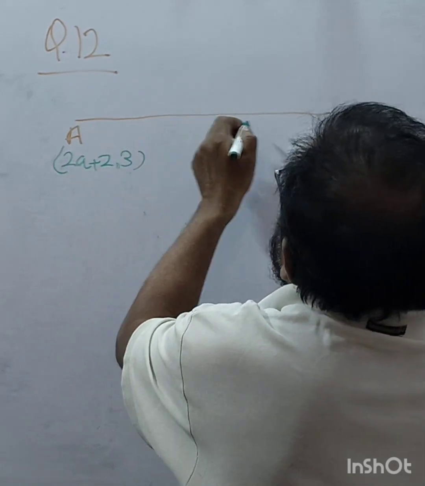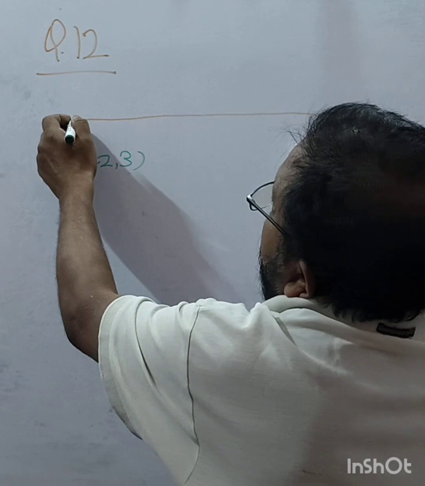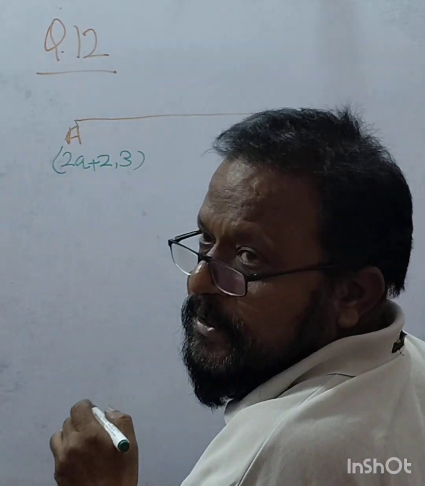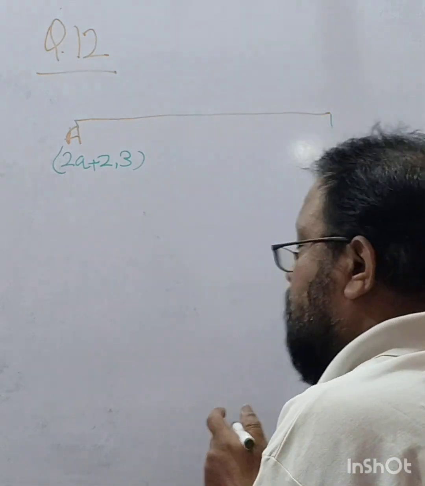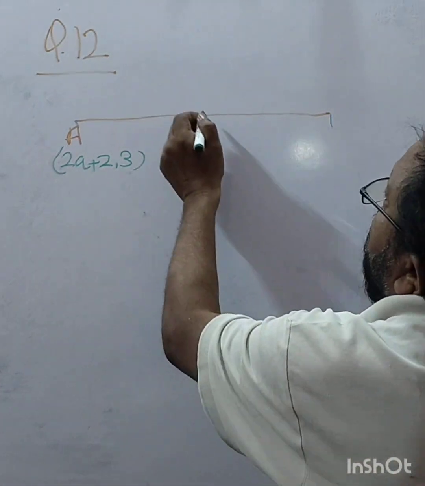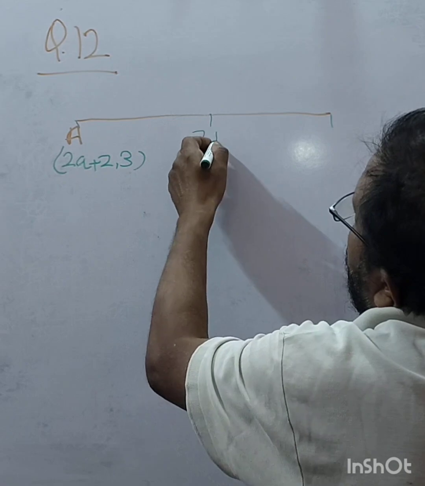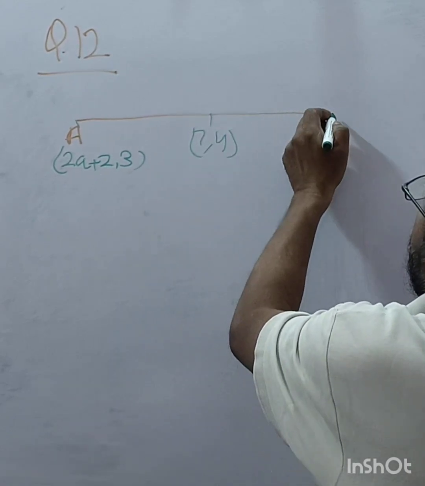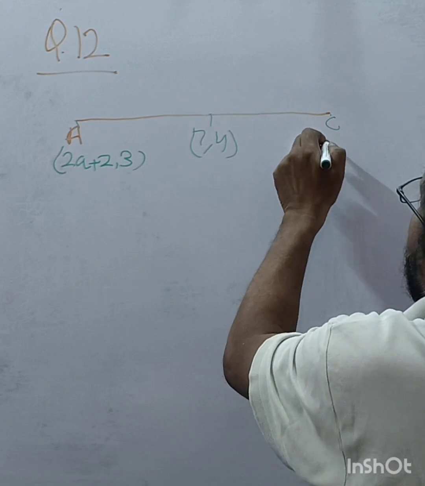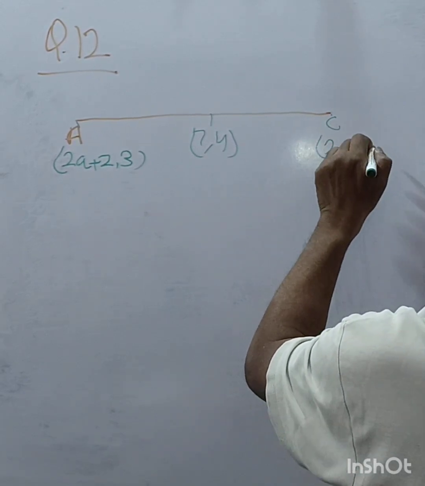B is (7, 4). B is in the middle. And C is (2a plus 5, 2).